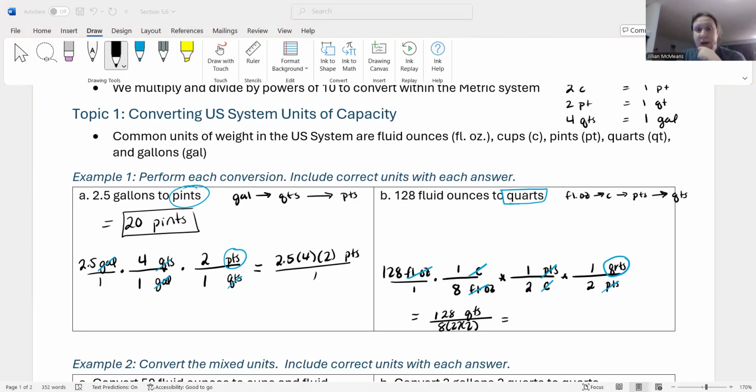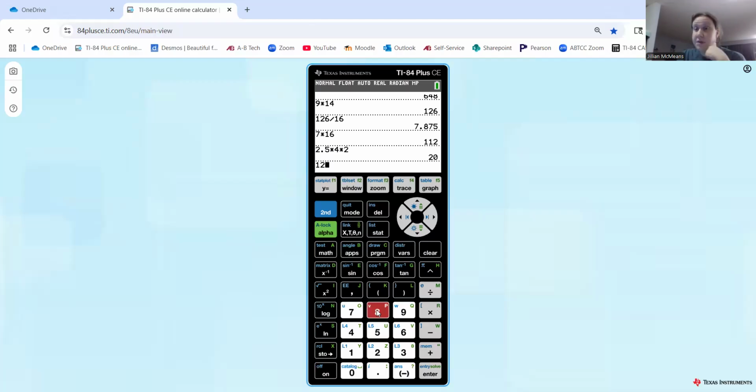I take 128, my numerator, and divide it by the entire denominator, but I need to put my denominator in parentheses. Otherwise, it'll try to divide by the first number and then multiply by the other 2. We don't want that. We want to divide by the entire denominator, which was 8 times 2 times 2. That's essentially taking 128 and dividing it by 32.